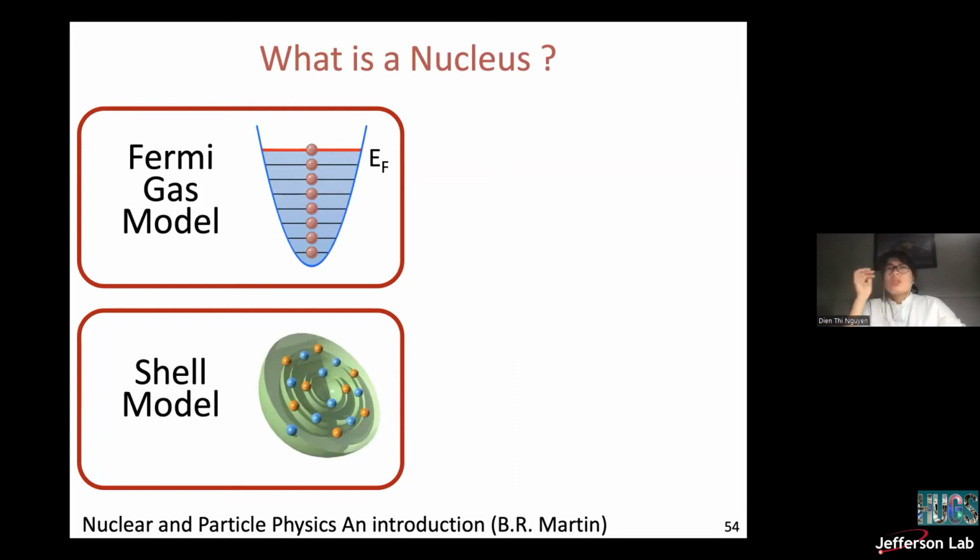I highly recommend this book. I think it has a very good overview of the different nuclear models. It also talks about the Fermi gas model and the shell model, and explains them in real detail. So if you want to learn more, step by step and in detail, I highly recommend this book to all of you to check out.